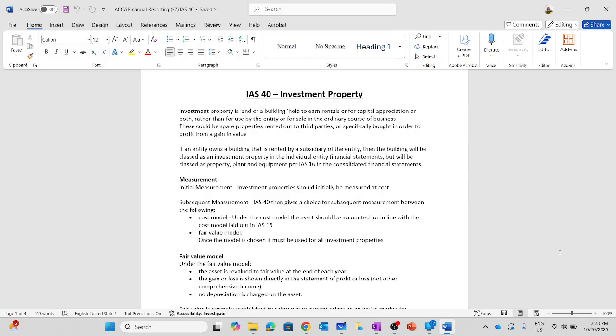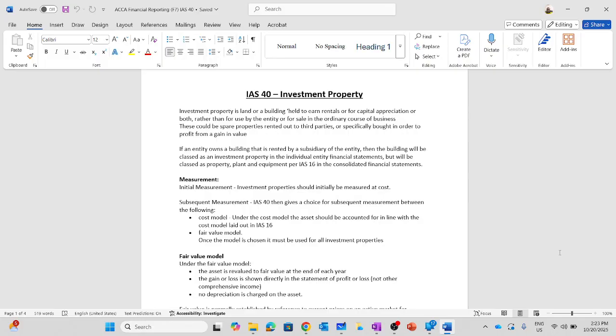So now, when we are talking about investment property, it means land or building held for rental or for capital appreciation or for both. So if we have a building or a land that the company is using to support the day-to-day operational activity and the normal course of business, then that particular land or building cannot be classified as investment property because it is used for the day-to-day operational activity.